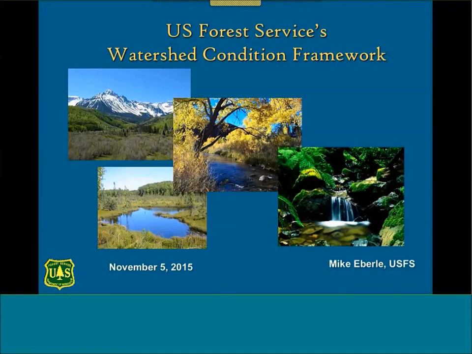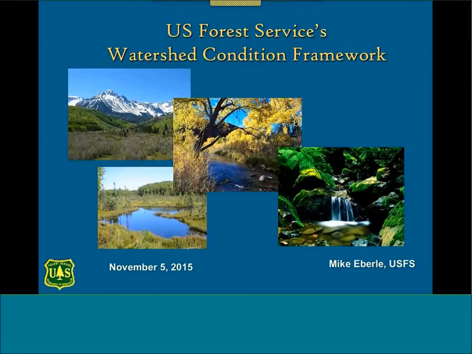I was going to say that the Watershed Condition Framework uses GIS, but specifically the NHD and WBD data, not only as an analysis tool for the restoration work it does, but also we're finding it very helpful as a huge communication tool.